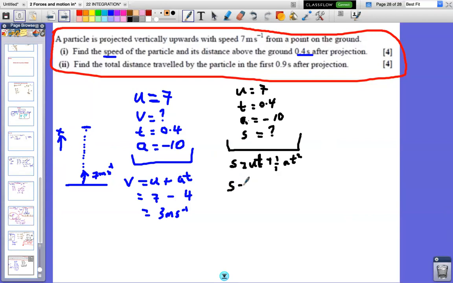So that gives your S to be 7 times 0.4 minus 5 times 0.4 squared. What do you get, please? Did somebody calculate that? Use calculator.